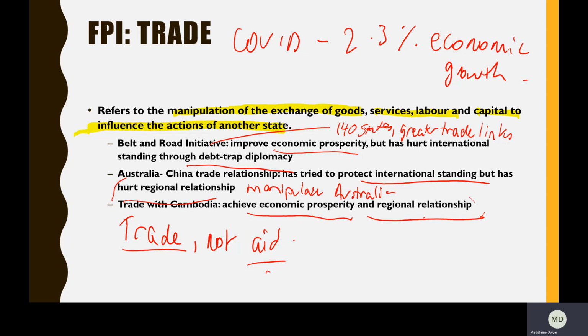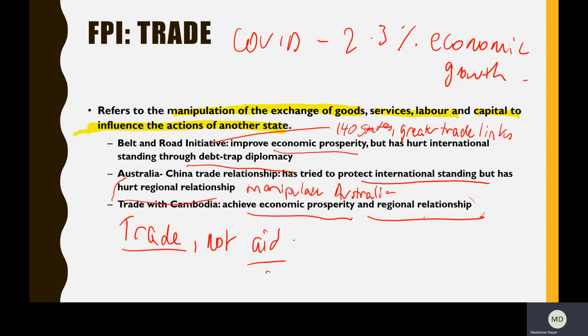Whereas in the Australia-China trade relationship, they have manipulated trade to try and force Australia to comply with what they want, and then hopefully influence the actions of Australia. But actually it's ended up having the opposite impact, where Australia has just decided to abandon what China wants.